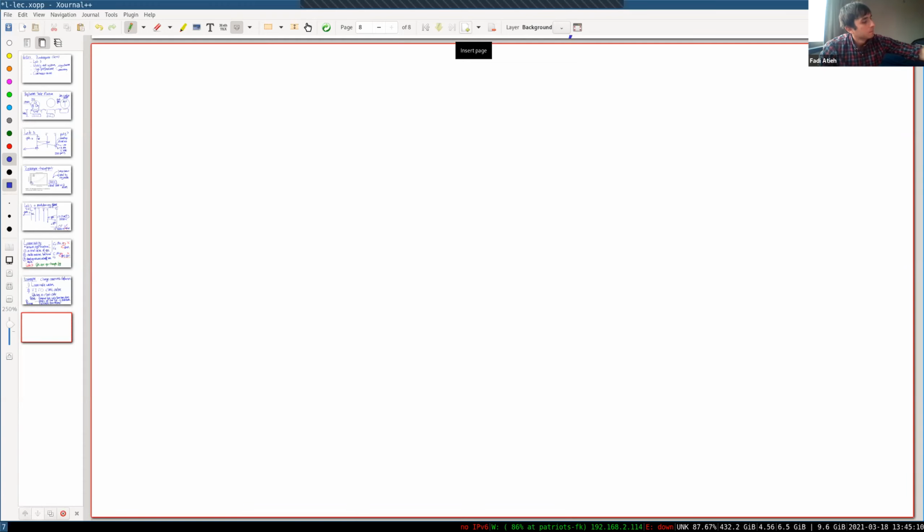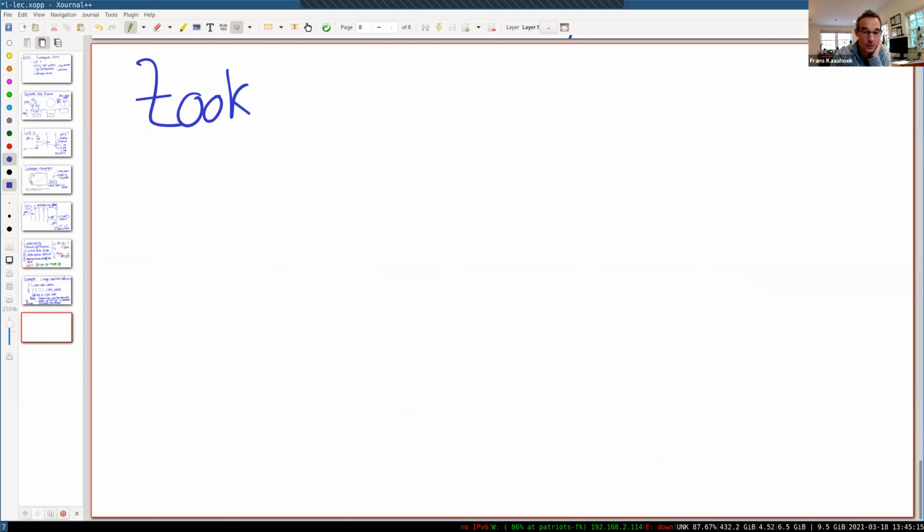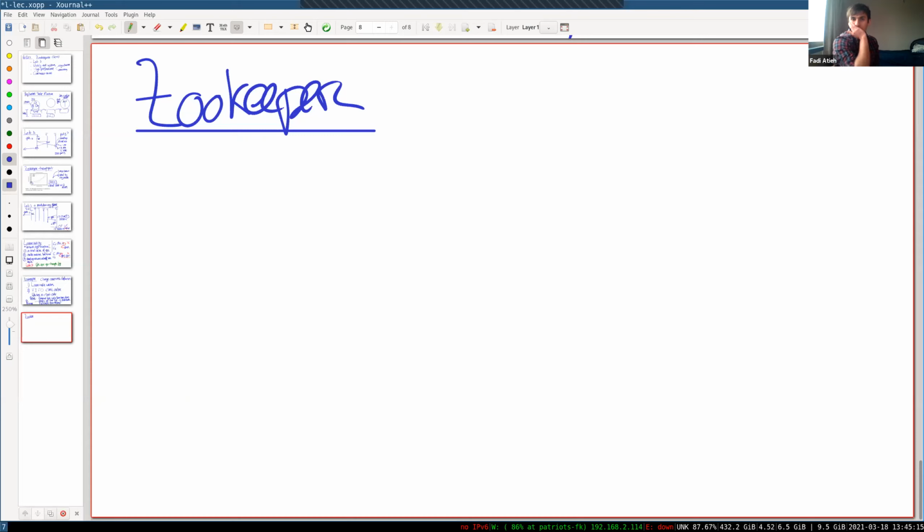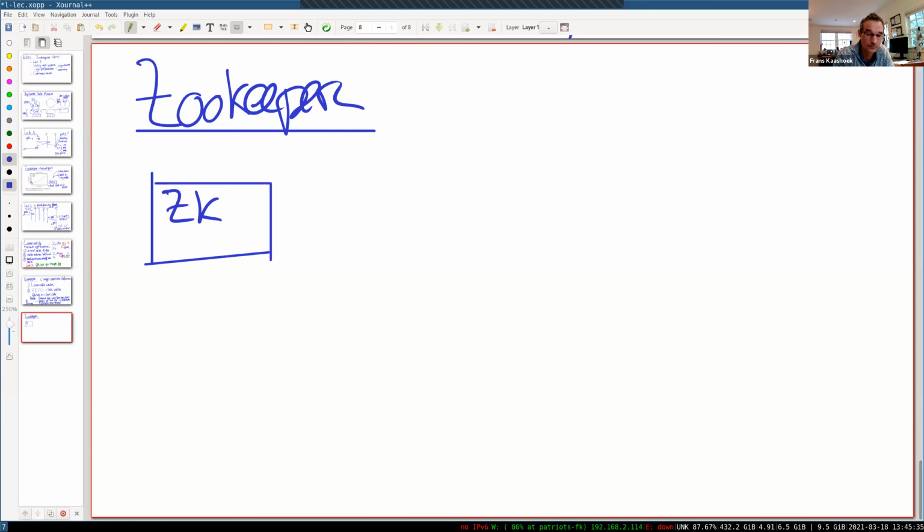Okay, so let's look a little bit at how ZooKeeper actually provides these guarantees, to get the intuition for how you could implement this. The paper is not very explicit about how they implement this, so I'm going to give you roughly a best guess. There's a ZooKeeper client that runs on the client machine.